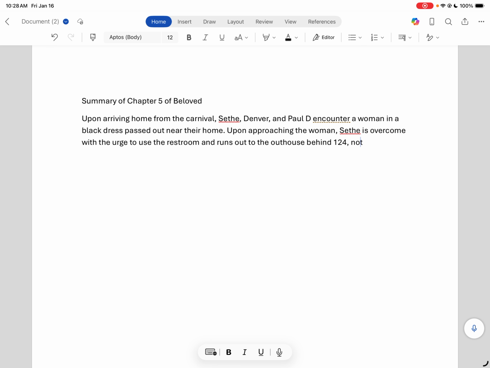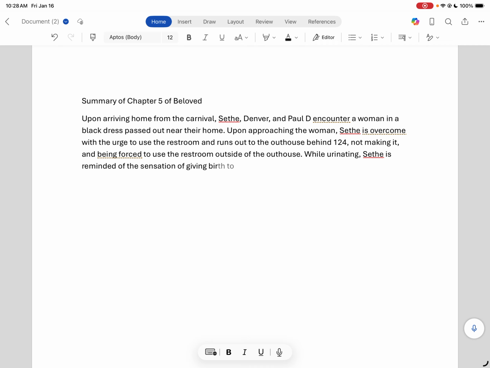So I'm going to say, not making it and being forced to use the restroom outside of the outhouse. So she's just urinating outside of the outhouse. While urinating, Sethe is reminded of the sensation of giving birth.